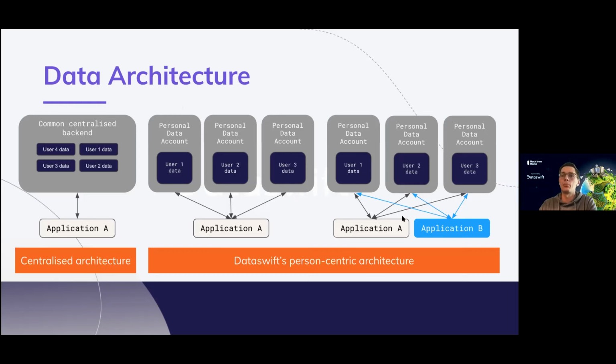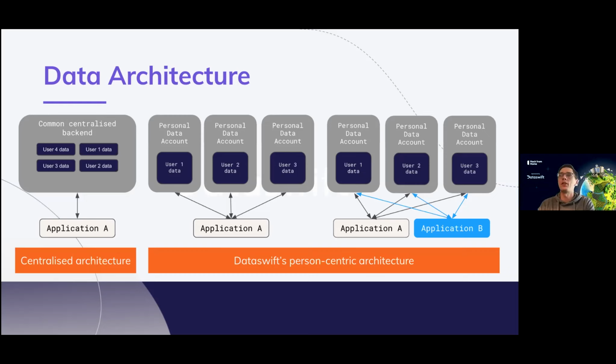The important distinction here is that if there is another application B, what's going to happen anyway is that during the hackathon, different teams will create different applications, and those teams might actually be sharing the same users. It might just happen, right?